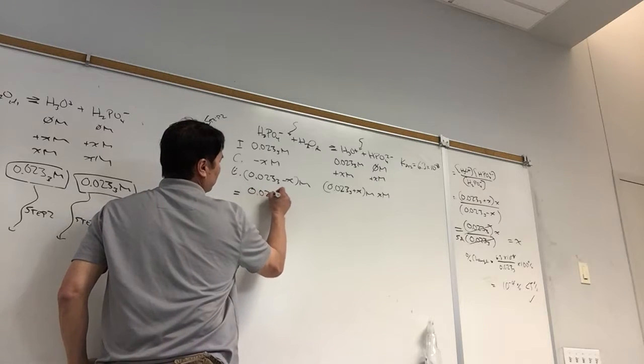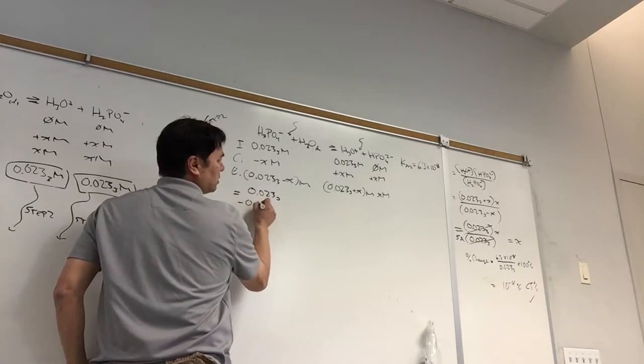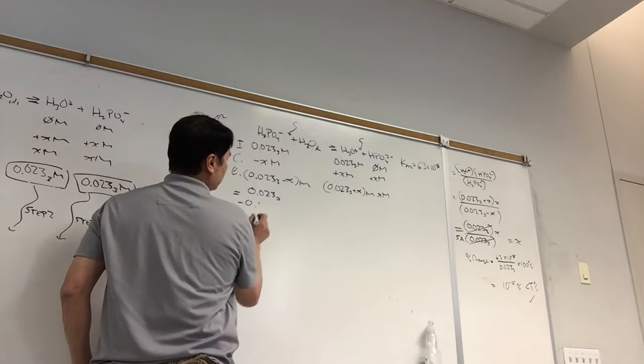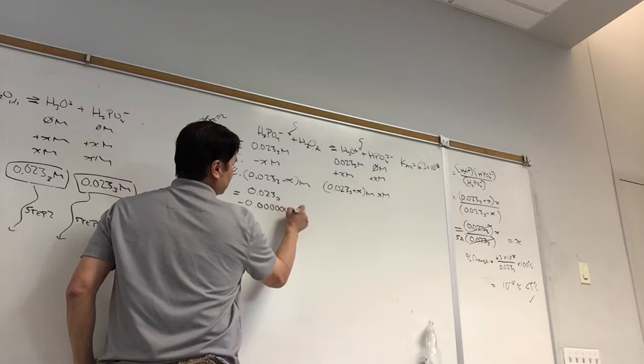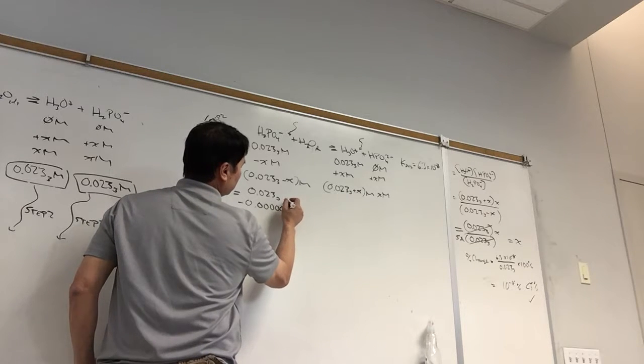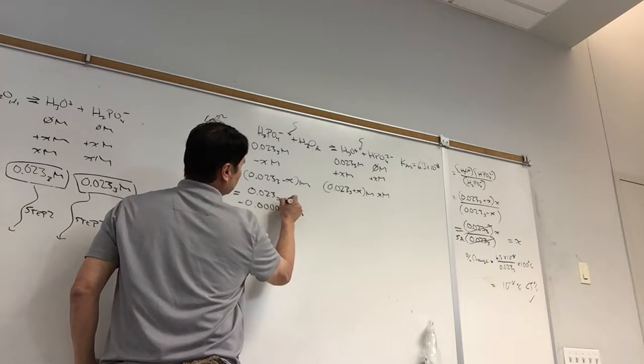It's 0.0233 minus x. X is going to be 7 zeros and a 63. So 1, 2, 3, 4, 5, 6, 7, and then 63. So add some zeros here.